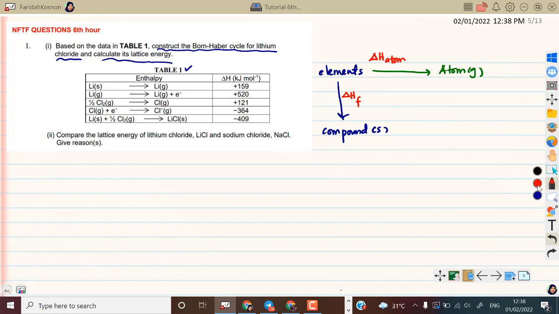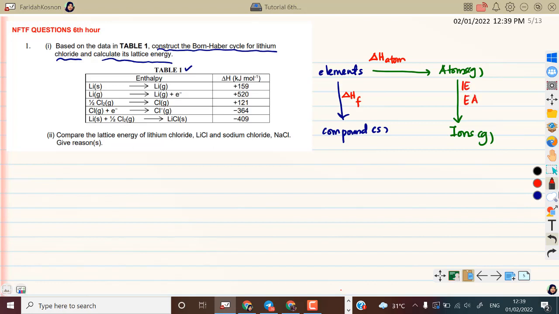Okay, and continue with the conversion of gaseous atom to its gaseous ions. Atoms, ions dalam keadaan gas. Dan proses ini juga melibatkan enthalpy change yang mana kita panggil dia ionization energy, dan juga electron affinity.